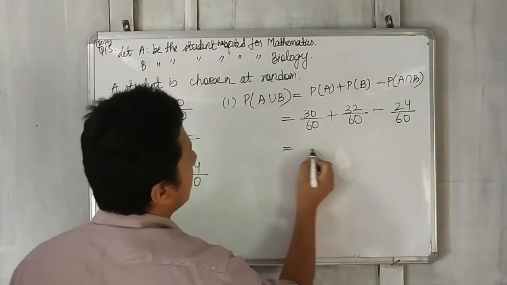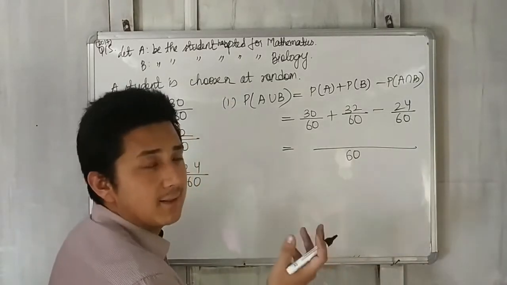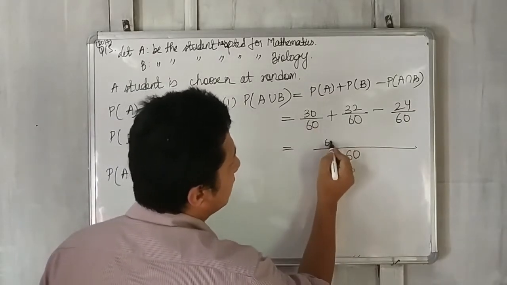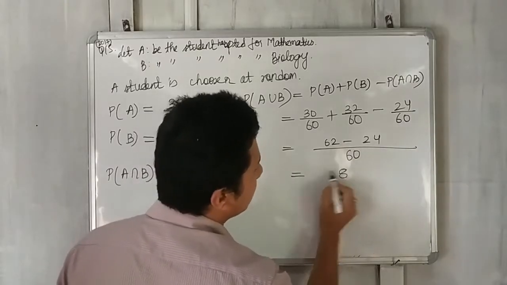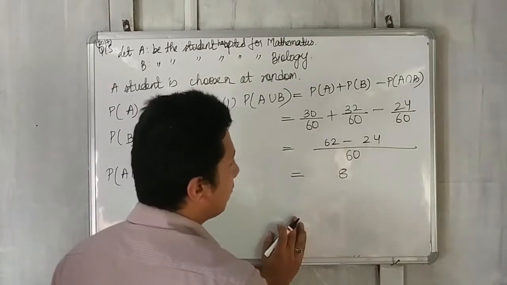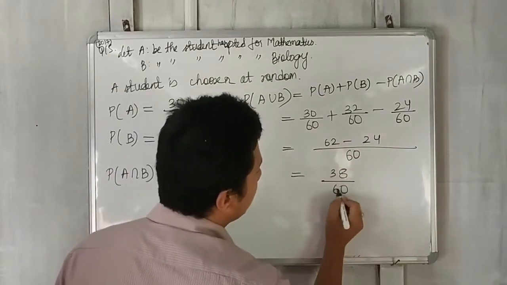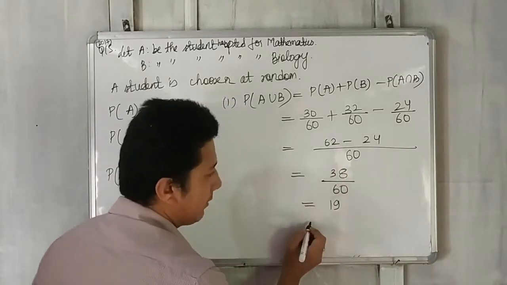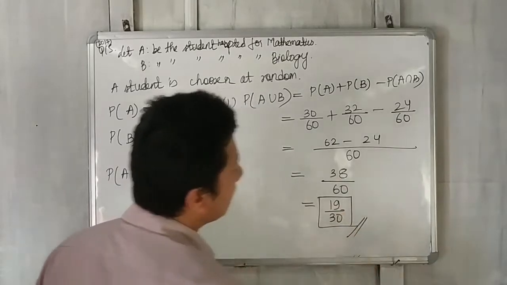What is my LCM? 60. Are you clear now about why I kept the denominator as 60? 30 plus 32 is 62, minus 24 is 38. So 38 by 60, which will be 19 by 30.